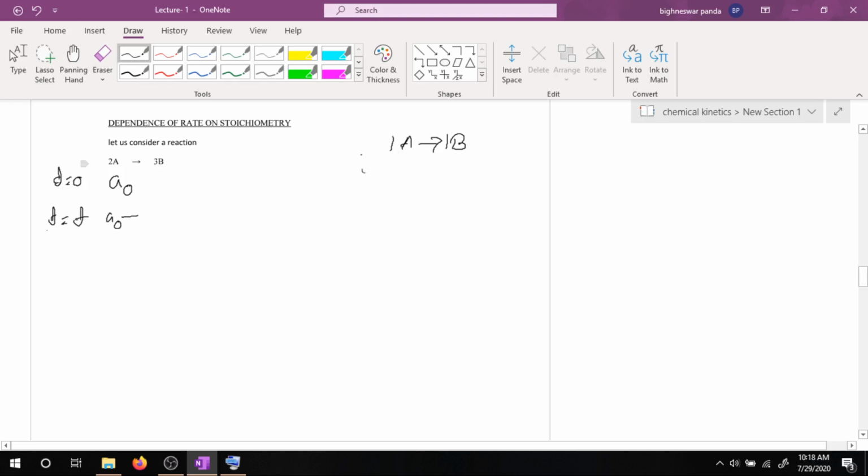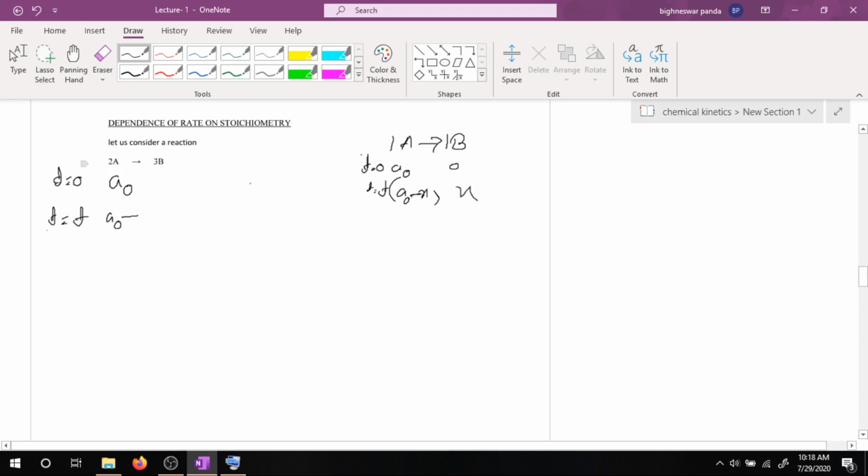So when t is equal to 0, we have A0 and 0 concentration of B. When t is equal to t, we have A0 minus x. What is x? x is the amount of A that is dissociated. Since the reaction is 1:1, x amount of A is dissociated and x amount of B will be formed.